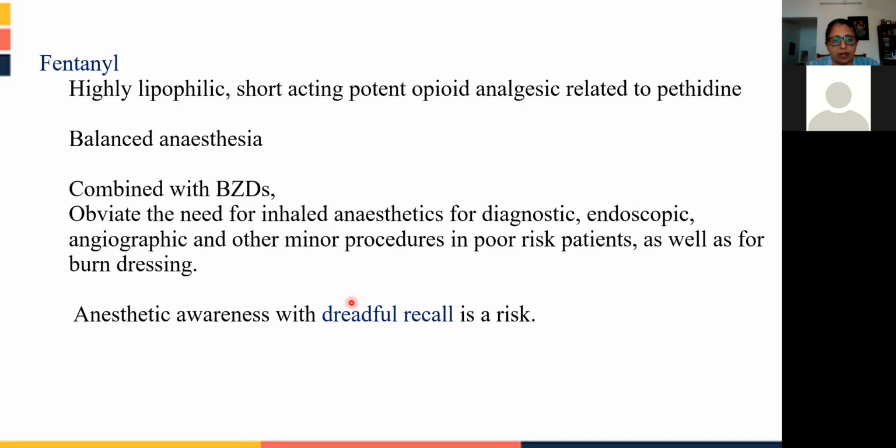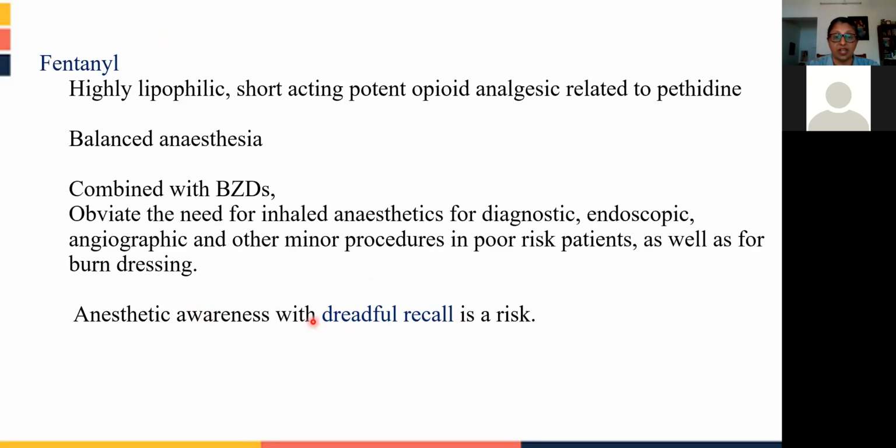But with fentanyl, there is one point: it causes a dreadful recall. Dreadful recall means once the anesthesia is over, once the surgery is over, when the patient has recovered, he will have the recall of all the events that happened while he was under anesthesia.